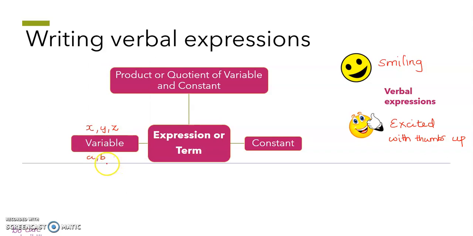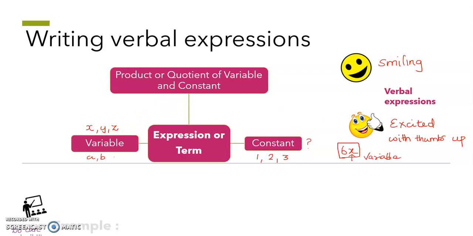It can be any letters. What is a constant? A constant is a number. 1, 2, 3. It can be any number but without a variable. So if I say now 6x, is it a variable or a constant? It has a letter in this, right? So it is a variable. An expression is a product or quotient of both a constant and a variable.